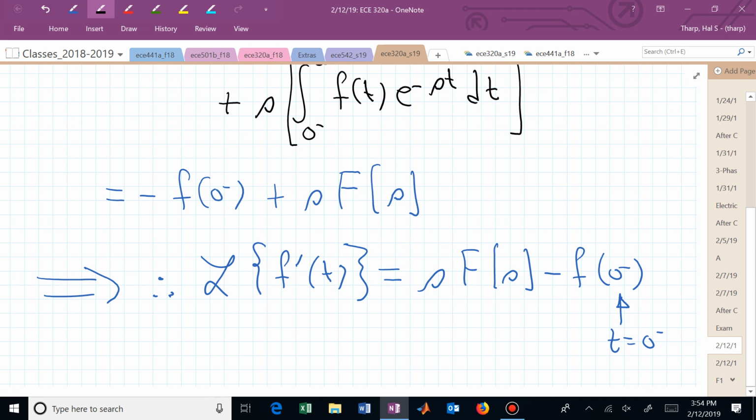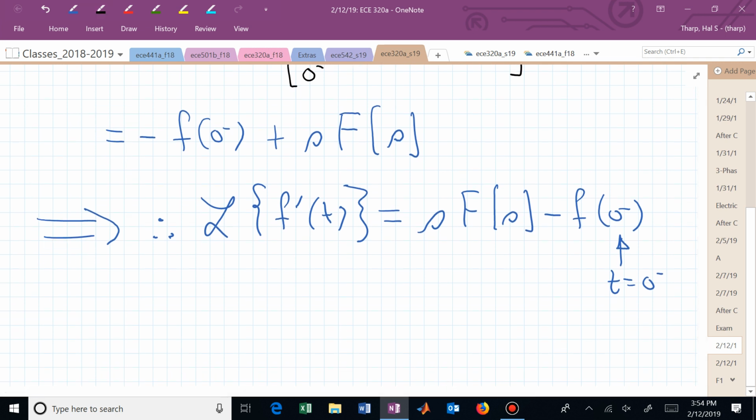You want to know in general what it will do for any waveform. You could say, oh, we want the transfer function of this circuit, and then we can neglect the initial conditions. That's one scenario where we might neglect the initial conditions.